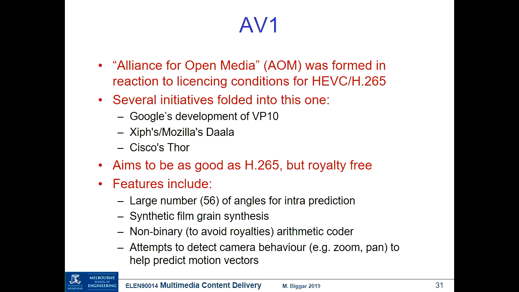There's synthetic film grain synthesis. So what does that mean? You'd be aware that in the cinema, even computer-generated imagery, when it's actually projected, has this sort of noisy appearance of film grain, like when it was actually captured on film. Seen that?